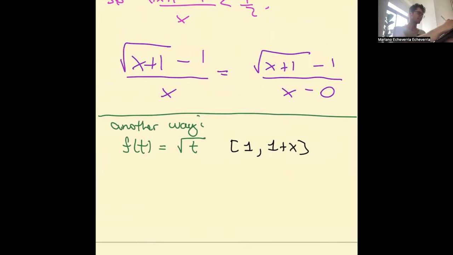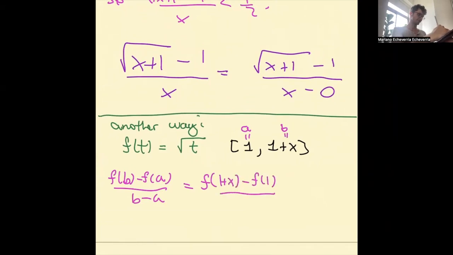This would be the a and this would be the b. Because then f of b minus f of a over b minus a would be f of 1 plus x minus f of 1 over 1 plus x minus 1, and that gives you root of x plus 1 minus root of 1 over x.